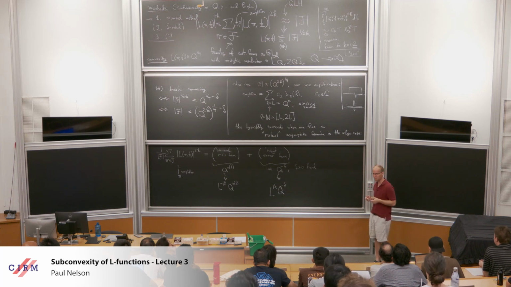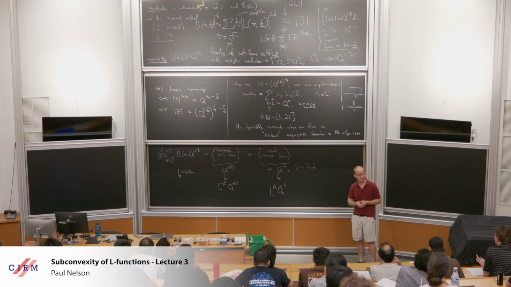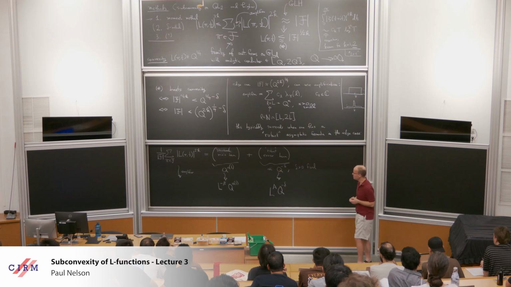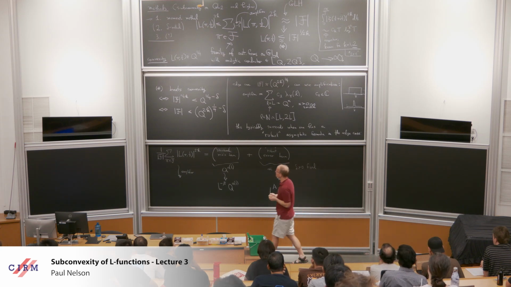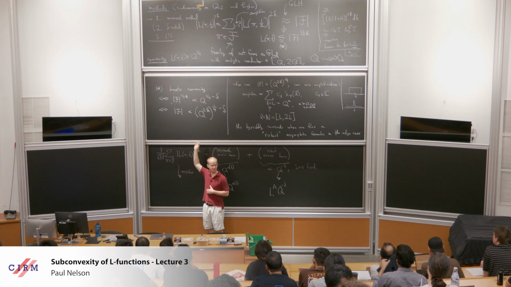I'll give some examples, and I've thought about many examples, but whatever you feel like on a given Sunday, I'd say. Essentially the moments are the hard part of this process, is what you're saying? Yeah, well, I would say the hard part is finding a method that actually allows you to evaluate a moment asymptotically in a case that is relevant for subconvexity, where this bound holds.